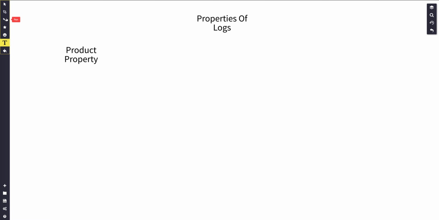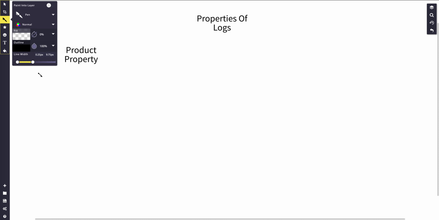Okay, so our first property is going to be the product property. Okay, so what we do in the product property, I'm gonna write in variable form.